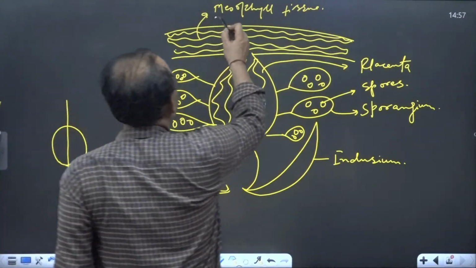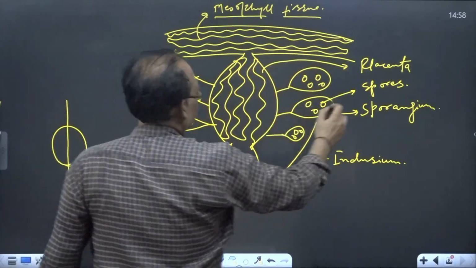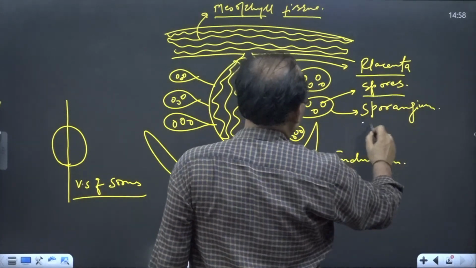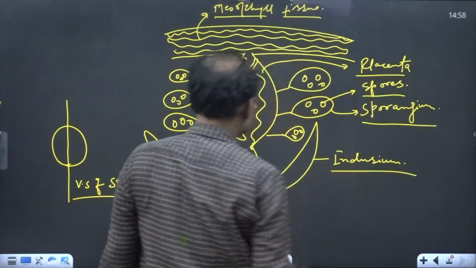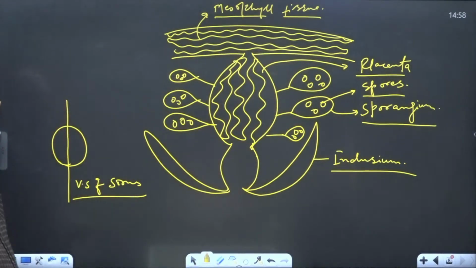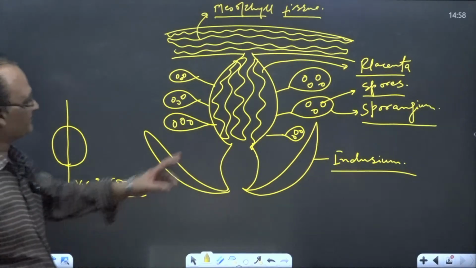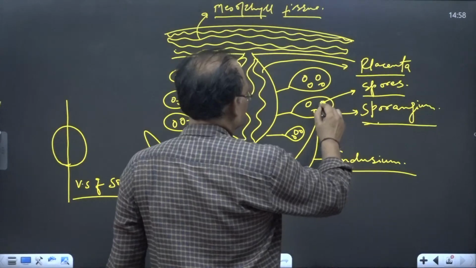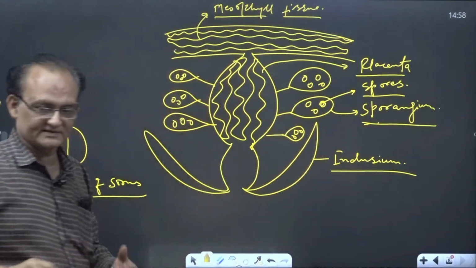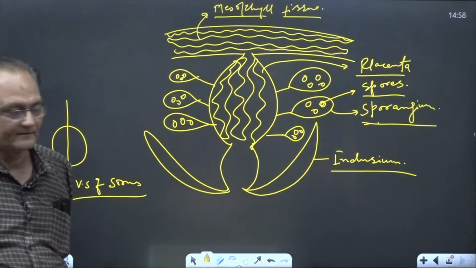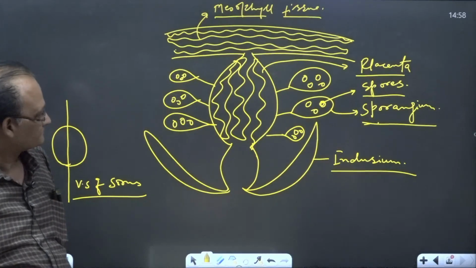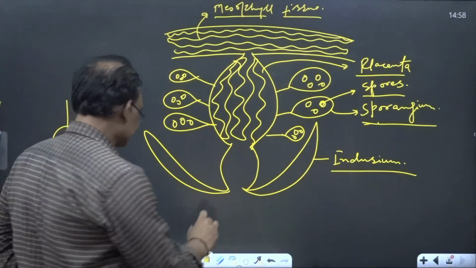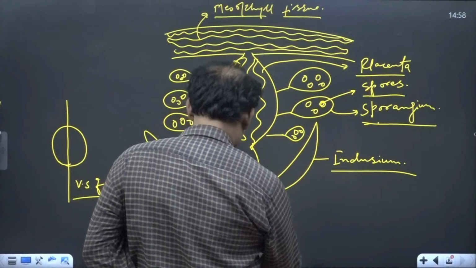This is mesophyll tissue, this is placenta, this is sporangium with spores, this is indusium, right? From the placenta originates the sporangium, and from that spores develop, from spore mother cells, right? So, this is the vertical section of sorus.